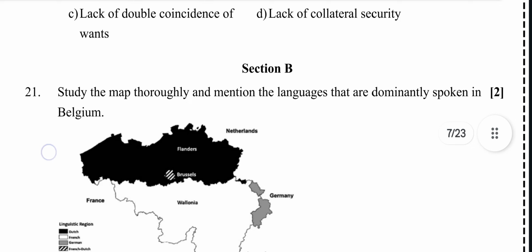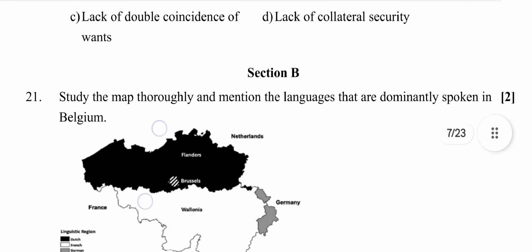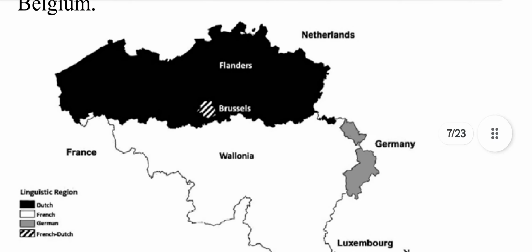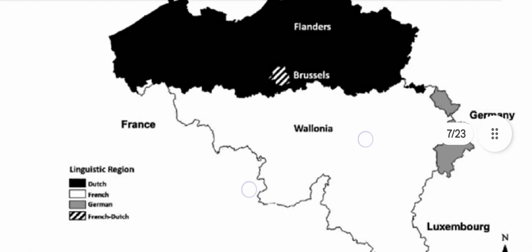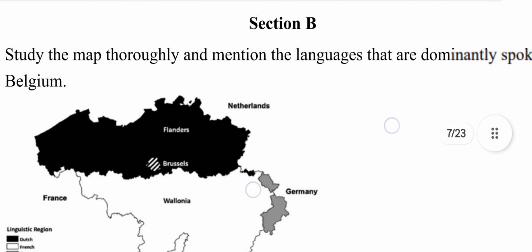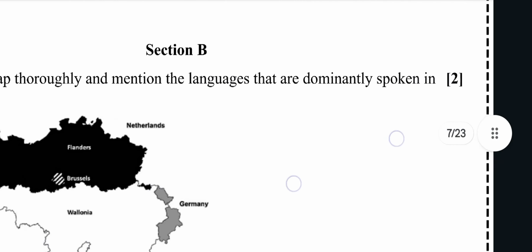In the section B part, you can see the map. In almost all the papers it is like this. Study the map thoroughly and mention the languages that are predominantly spoken in Belgium, like that it is given. In this, you have to go through the map very thoroughly. You see the map very clearly and you have to answer that. For this you are getting 2 marks.